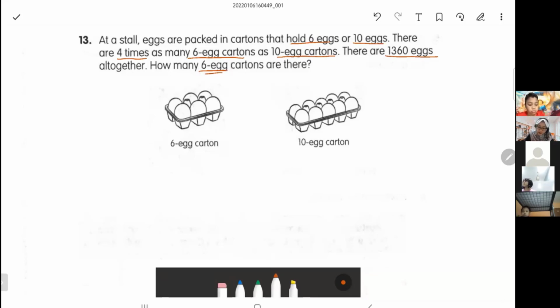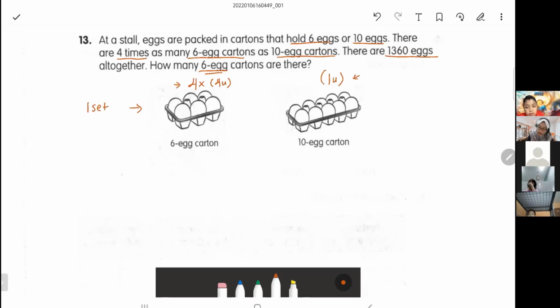Okay, so let's find in one set. One set means the 6 egg carton and the 10 egg carton. So remember, the 6 egg carton has 4 times or 4 units. This one is 1 unit only, like that. So in one set, you have to comprise this one and this one.